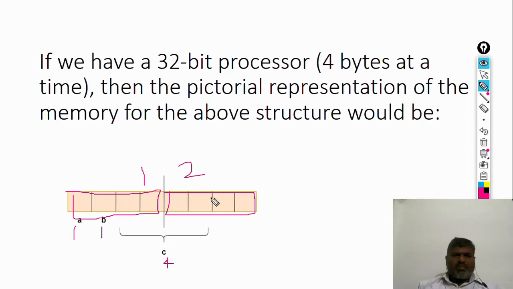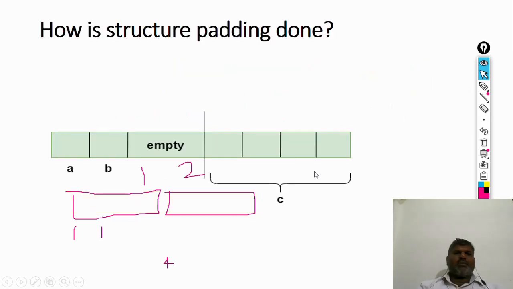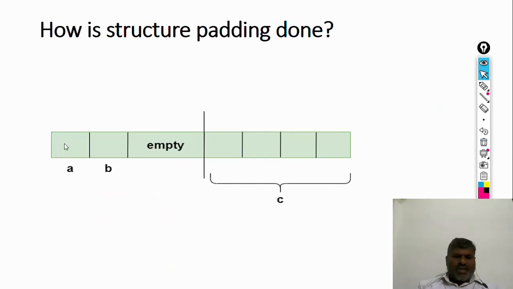That is the problem: the number of cycles for reading this value will be increased. For reading one variable, one data, it is taking the help of 2 cycles. To avoid this problem, internally this padding will occur. A and b take 2 bytes, then 2 empty bytes will be added.